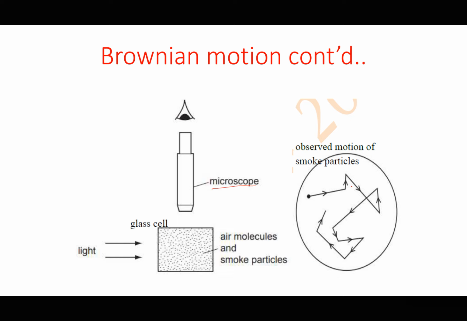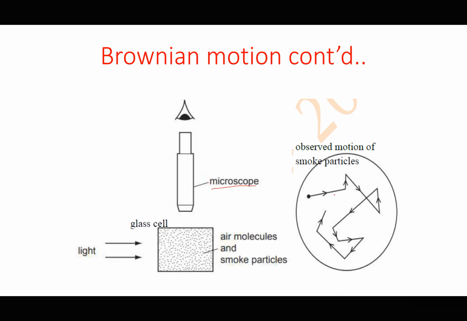And the reason why it will be moving in this zigzag fashion, we have already explained. It is continuously being bombarded by the air molecules inside the glass cell. These air molecules move randomly in any direction, giving the same motion to the soot particles.